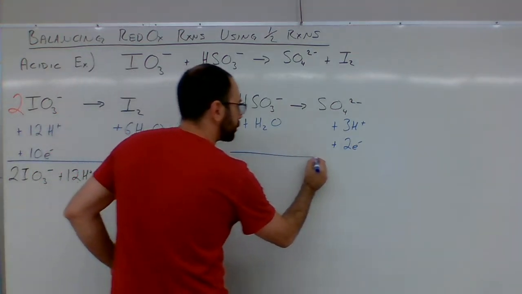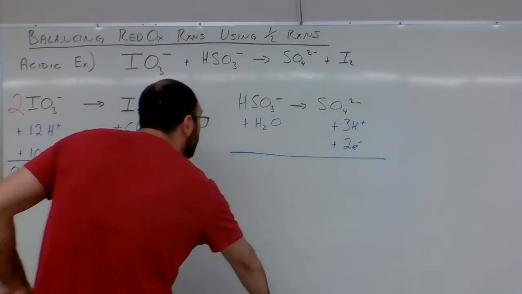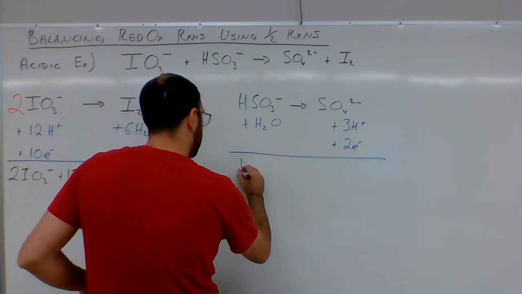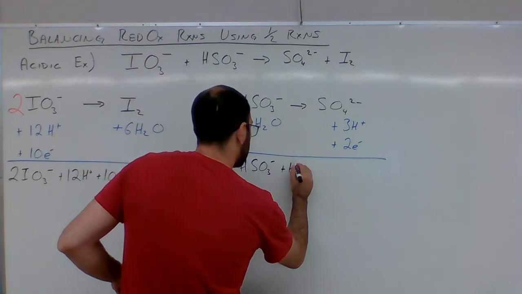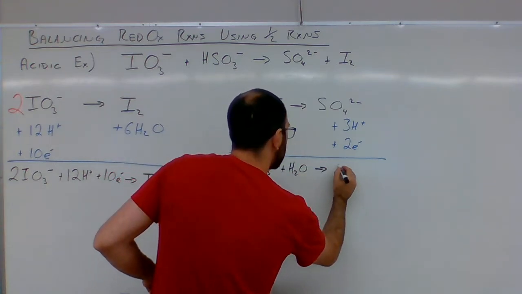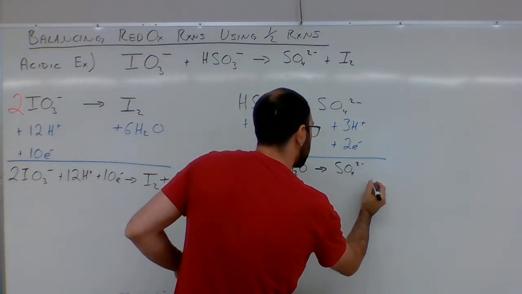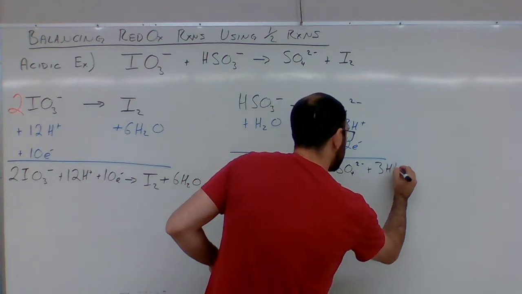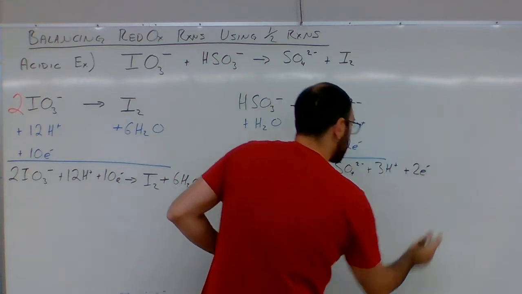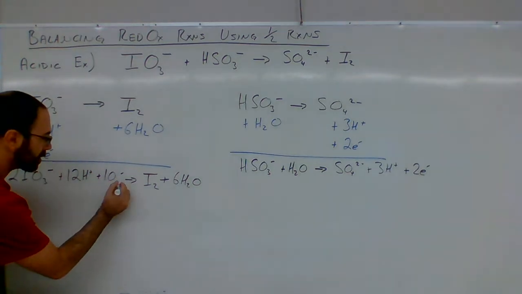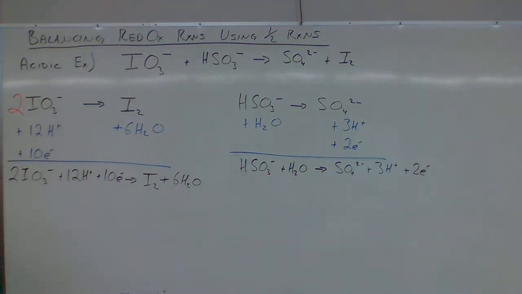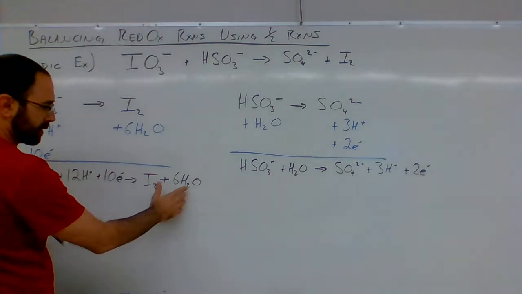So, a little summary on this side: we have an HSO3 minus plus H2O giving us an SO4 2 minus plus 3 hydrogens plus 2 electrons. We now have 2 balanced half reactions as we would have done in last week's lessons.